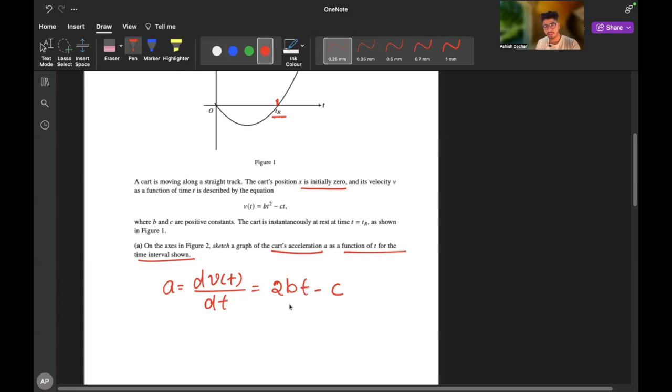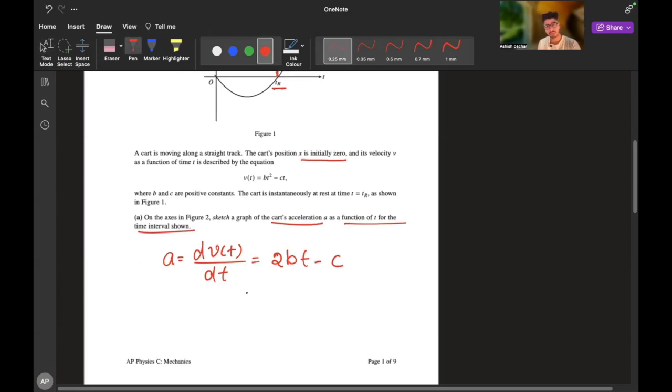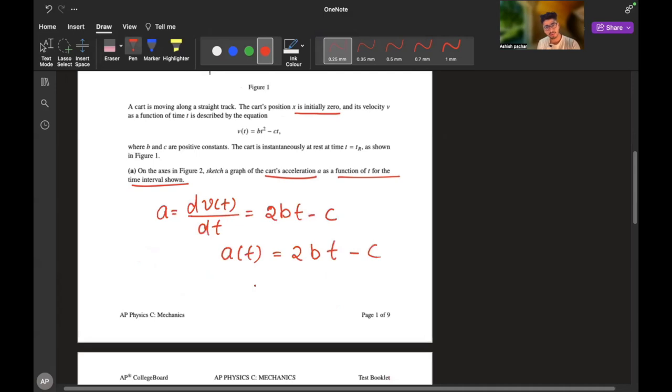If you look at this carefully, this is a linear graph, a straight line. The acceleration as a function of time is 2bt minus c, and if you compare it on the y-axis, you write acceleration.